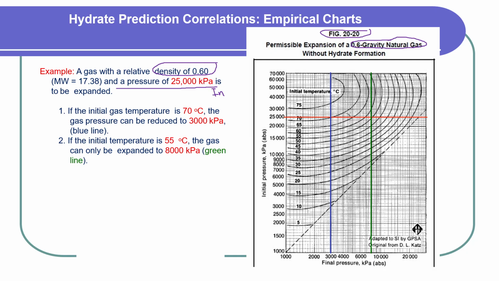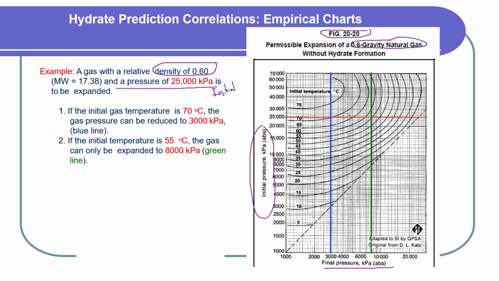As we explained earlier, the chart has the final pressure, or the pressure at the second stage, on the x-axis, and the initial pressure on the y-axis. So initially I have 25,000 kilopascal, which means that my initial condition is this one, which I'm drawing here in red color.